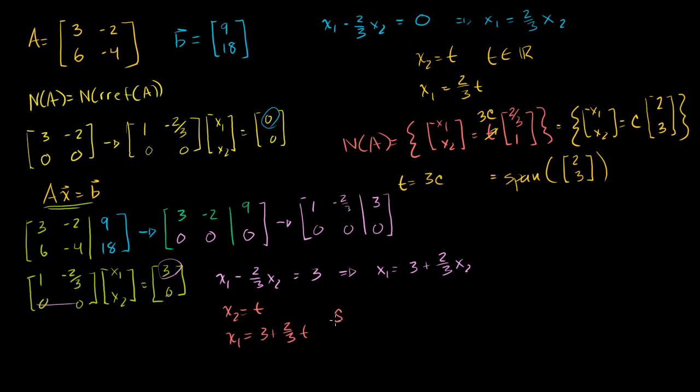So the solution set to Ax equals b is the set of all x1, x2 where x1 is equal to 3 plus t times 2/3, and x2 is just equal to t, so it's 1 times t plus 0.